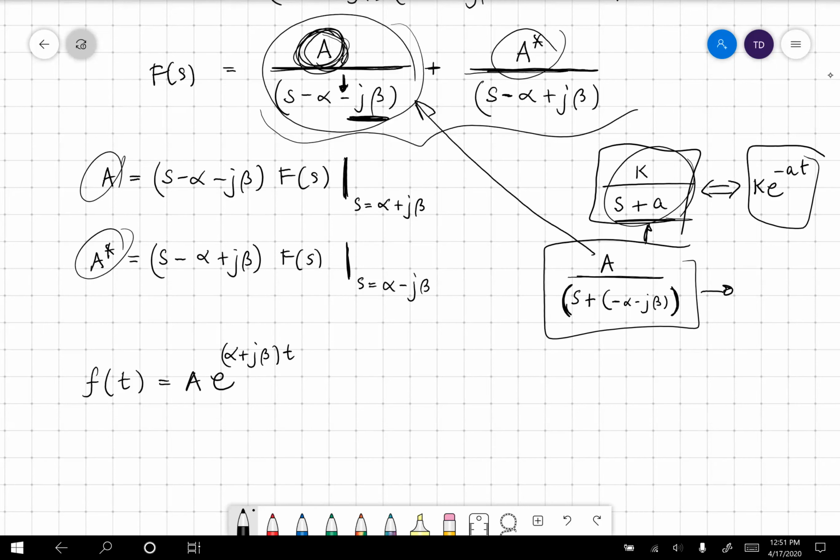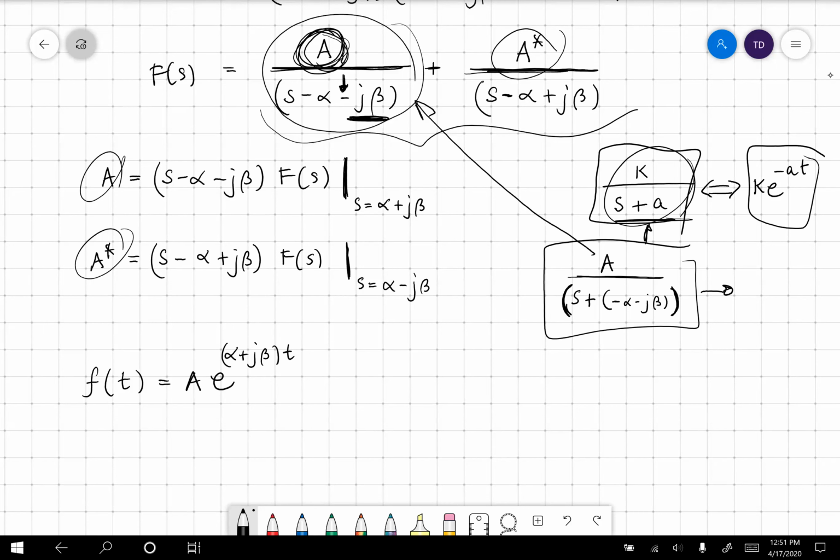And so then the other term is going to give me A conjugate e to the alpha minus j beta times t. Notice two things. This whole thing is the complex conjugate of this, and this is the complex conjugate of this, which means that this is the complex conjugate of that term.